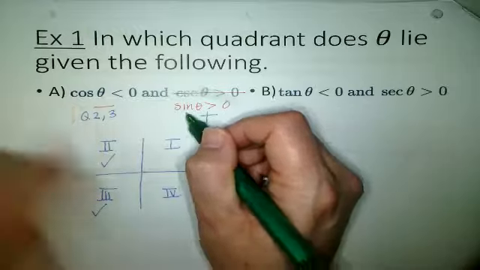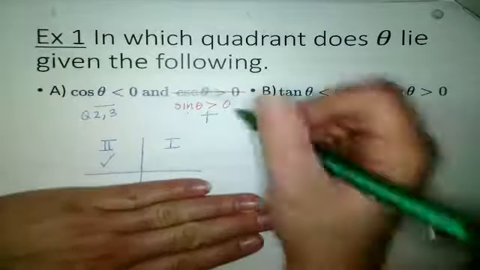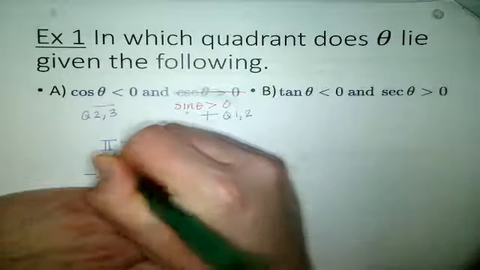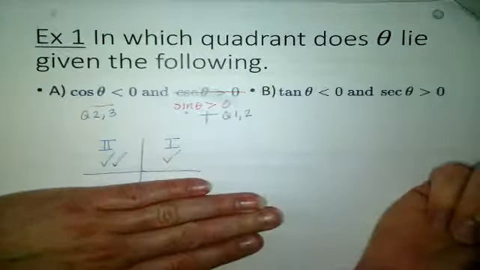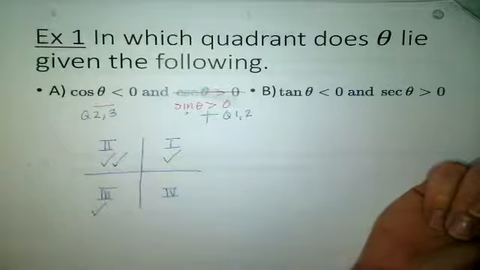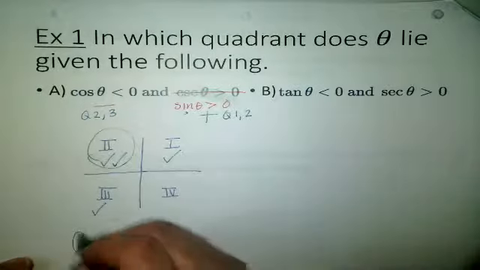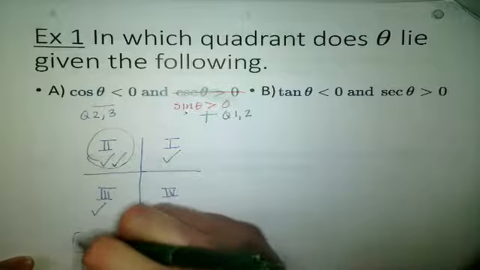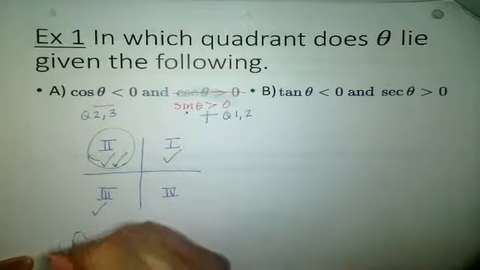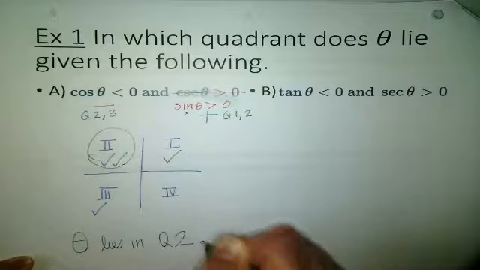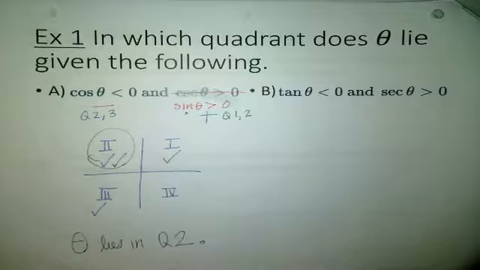Y values are positive up here in quadrants 1 and 2. So which quadrant works for both? There's only one winner, and it's a clear winner. So theta lies in quadrant 2. See how I did that? What works for both? That's how I do things.